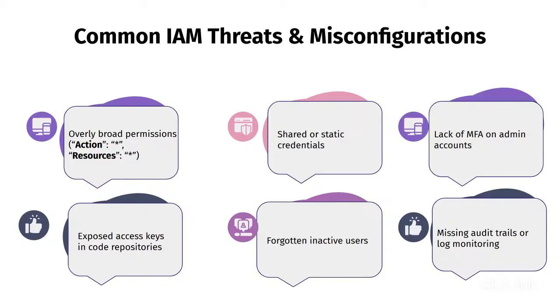So you are basically saying allow all actions. If your effect is allow and you put action as star, you're saying allow all actions. And then for the resource you put star again, and that's like allow all actions on all resources. So it's best to always specify what action you want to be allowed and on what resource.